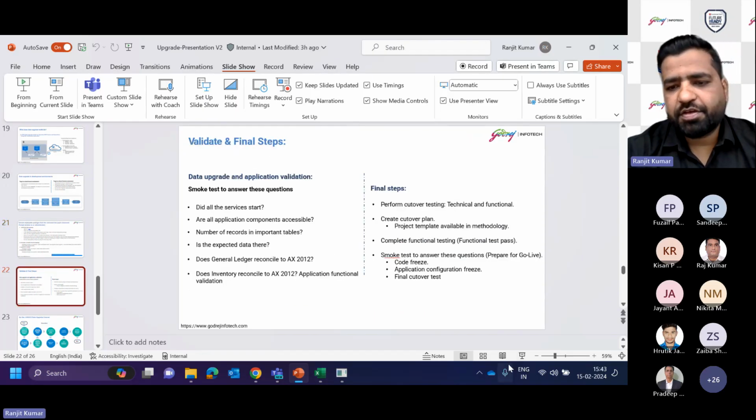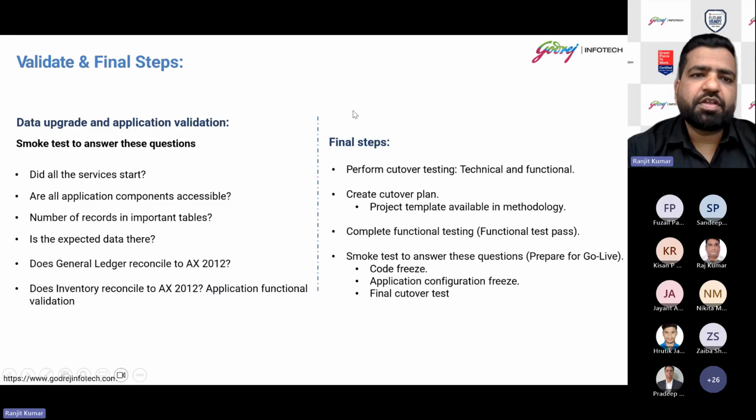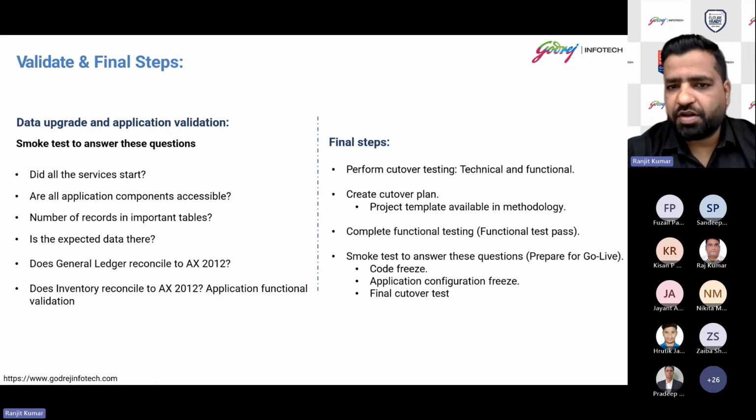Till this step we are set with the code upgrade and data upgrade, right? If you are at this step, it means you have a final system where all the AX2012 code is available, and you have migrated all the AX2012 database. Once that is done, you have to perform some kind of testing.